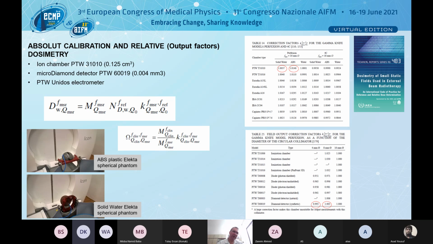A very important part is that Elekta is now offering you those inserts. Both phantoms are based on a sphere, and here we have a plate which must be exactly drilled for your chamber, so it sits right at the focus where all beams cross.